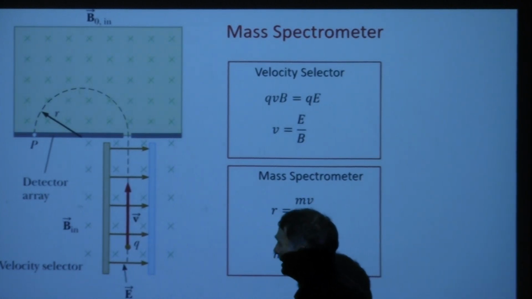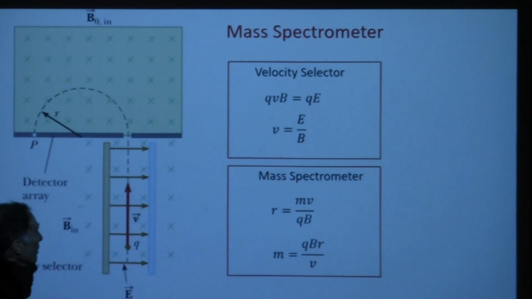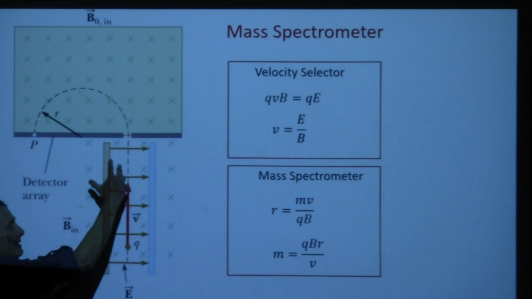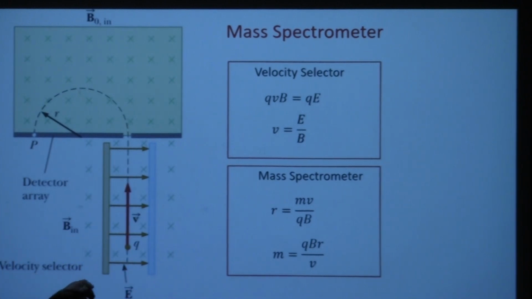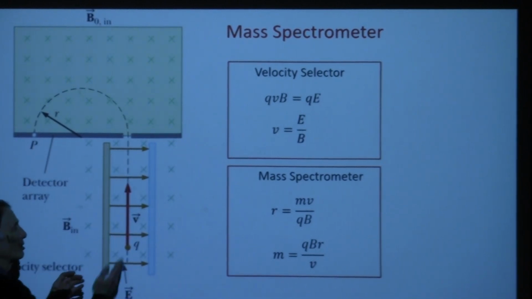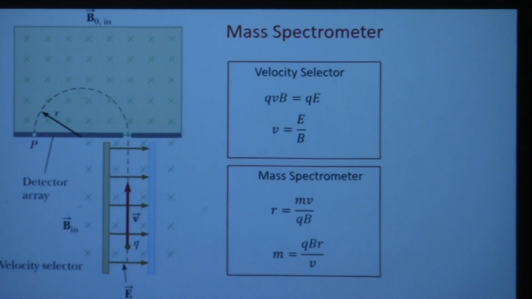I need to know the speed of something, so typically we'll get some charged particle, usually maybe an atomic nucleus, and we give it a single ionization or double ionization, and then maybe put it in an oven, and all of this is evacuated, and we heat it up, and then we open it up and let charged particles come through. And they're going to be shooting through at different speeds, and so we want to pick out a particular speed.